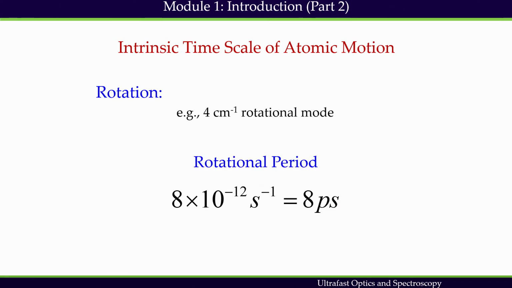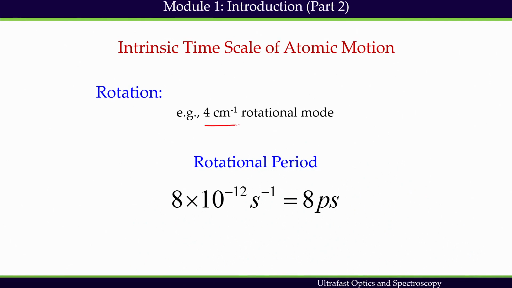Then we will look at the typical time scale for rotation. Let's say I have a CH4 molecule, which has C, then 3 hydrogens organized here and 1 CH bond here. With respect to this CH bond, this CH3 group can rotate, and if this is rotating, what is the time scale of this rotation? That is exactly what we are trying to find out. Those kinds of rotation have energy of 4 wave number.